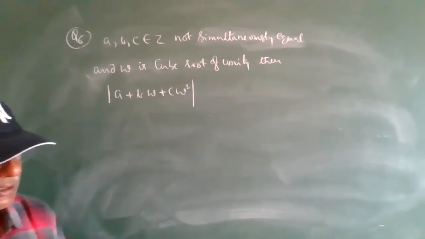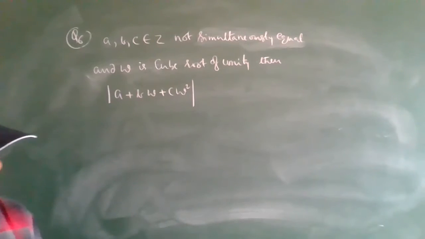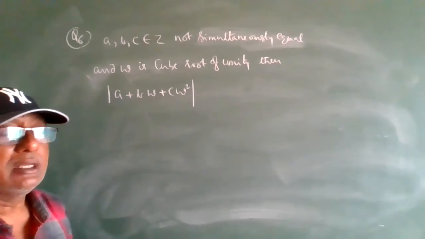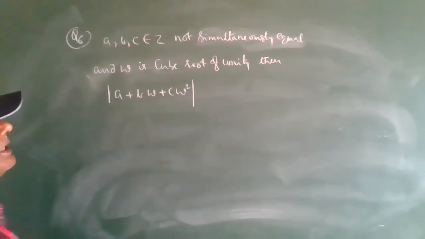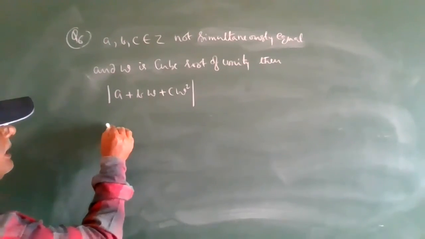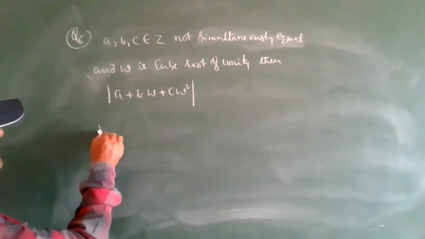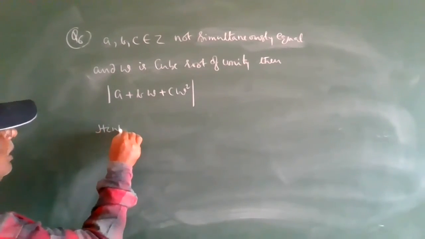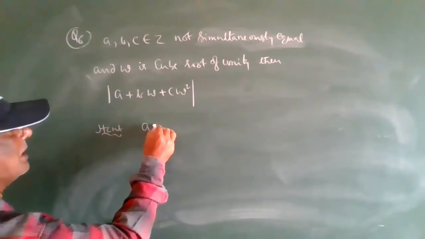The answer is simple: since they are not simultaneously equal, I will take different values. The hint of the problem is that two values are equal and the third is not.